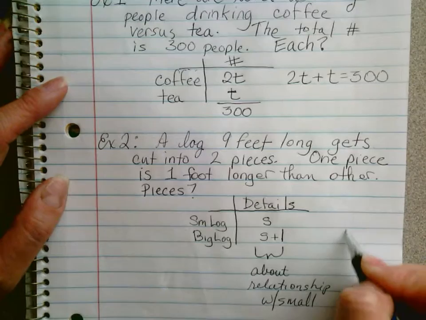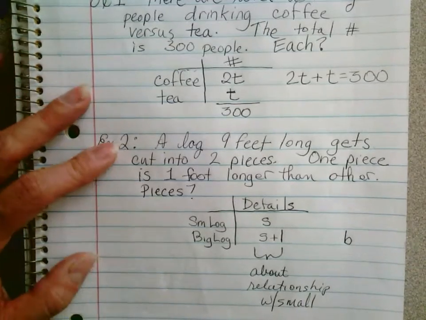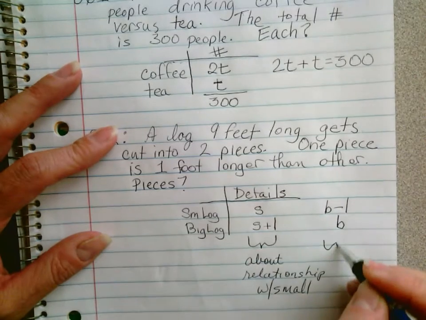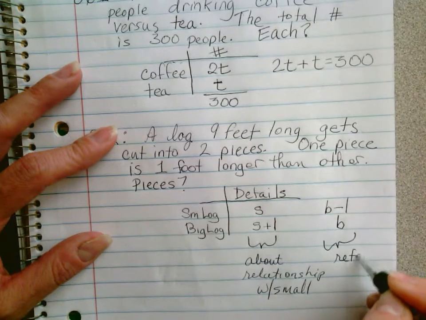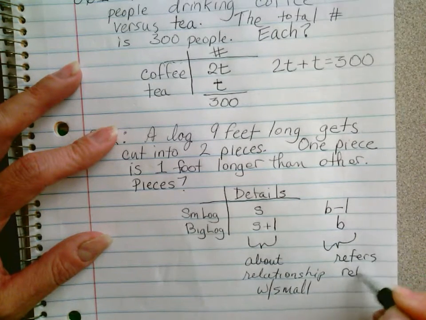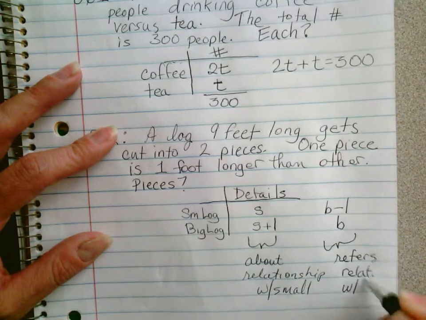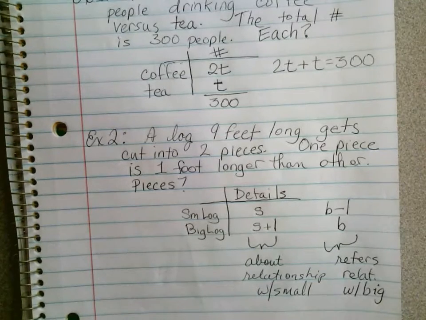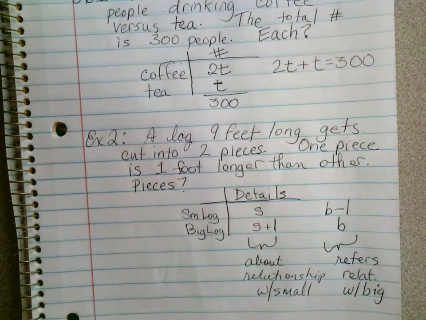However, if you relate it to the big one, then you could do it this way. And this refers to relationship with the big item. Either way would work, and if you solved it, you would see that.